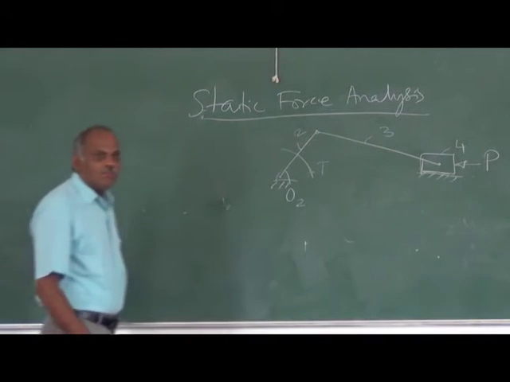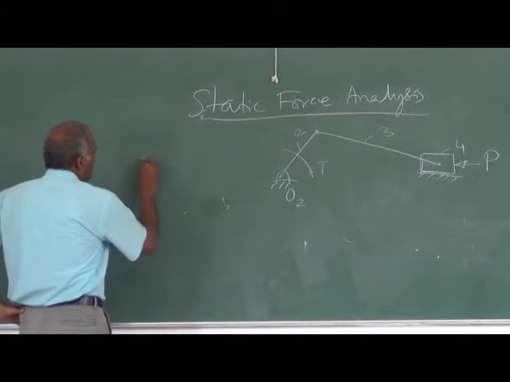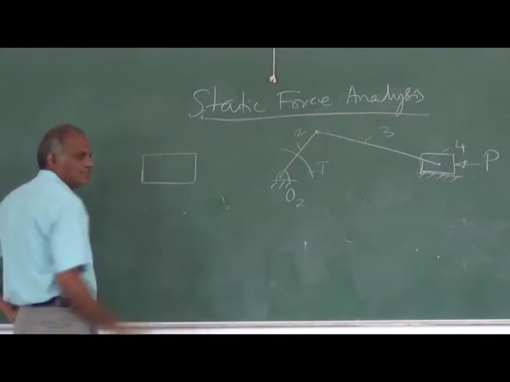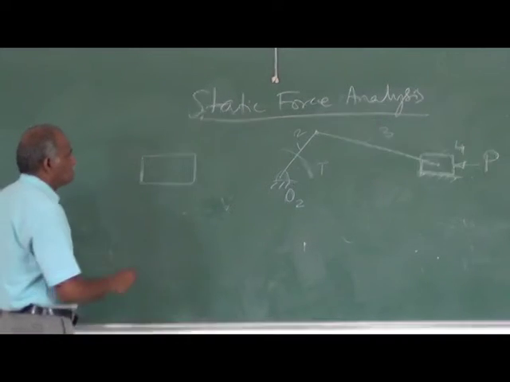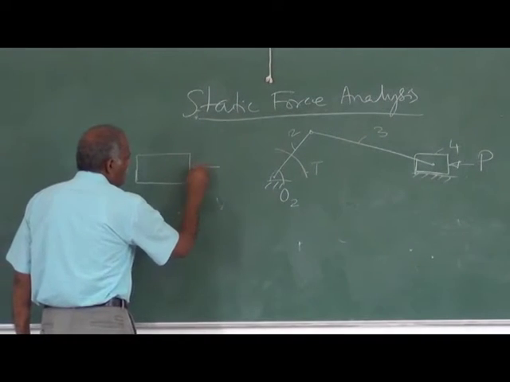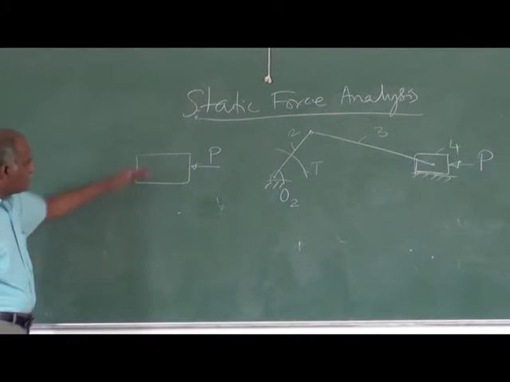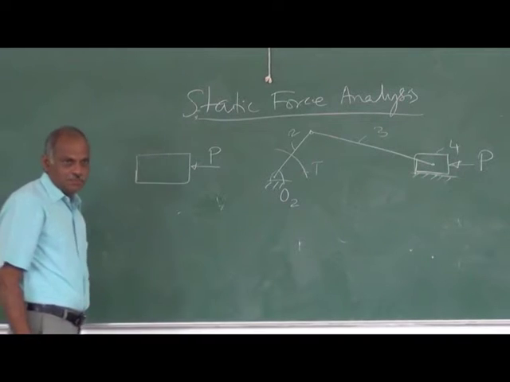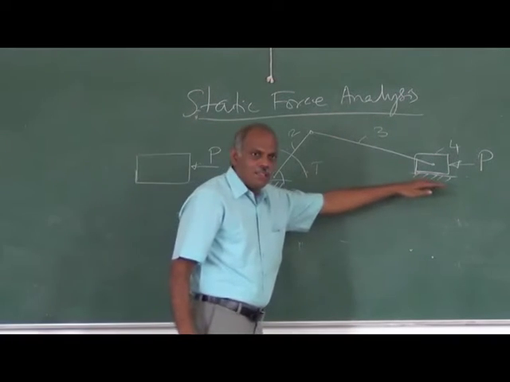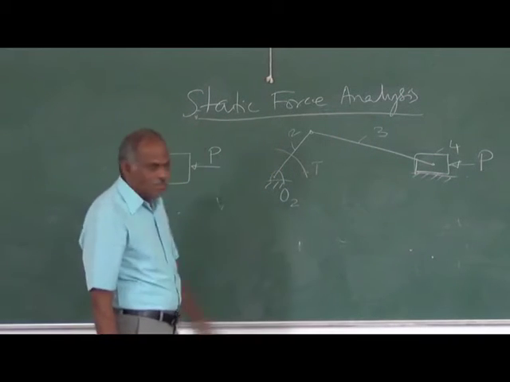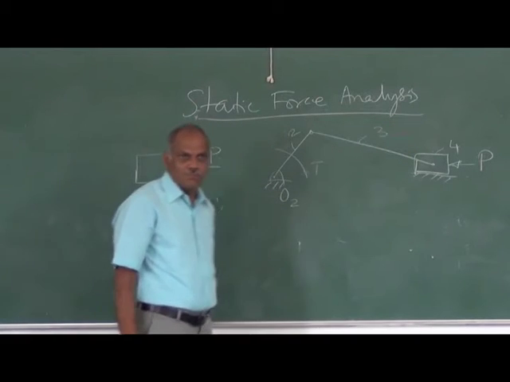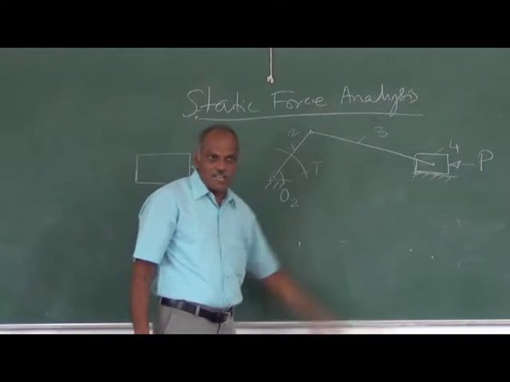So if you take a free body diagram of the piston, then what are the forces which are acting on it? P. The piston is constrained by the ground. Without this ground, the piston will go down. So you can say that is a constraint.